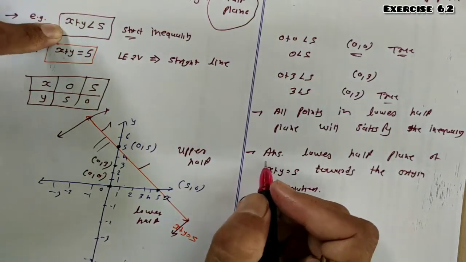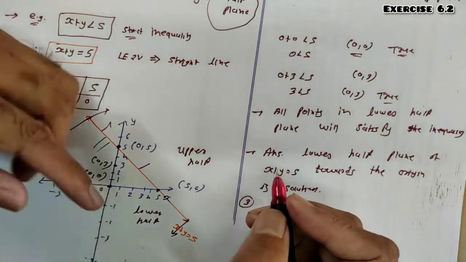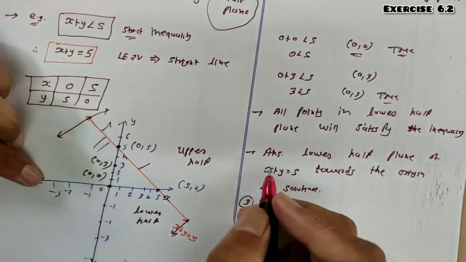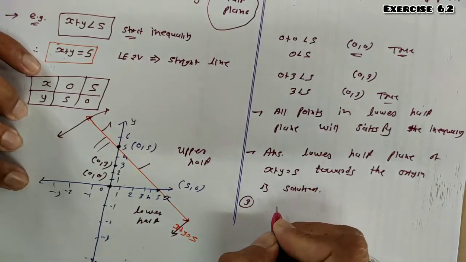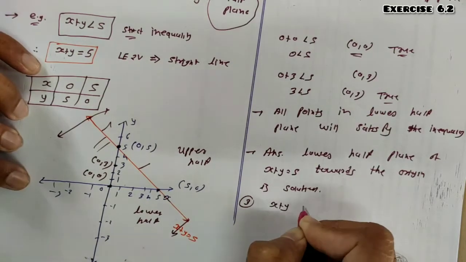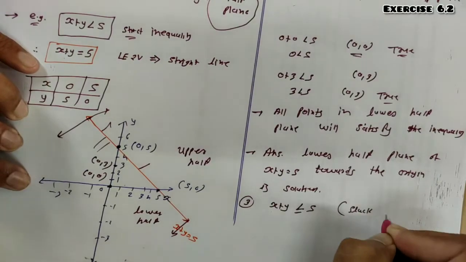For this strict inequality, the line is not included in the solution. We have to consider the lower half from this line. Suppose we are given a slack inequality, that is x plus y less than or equal to 5.